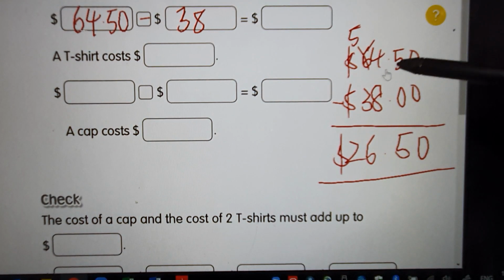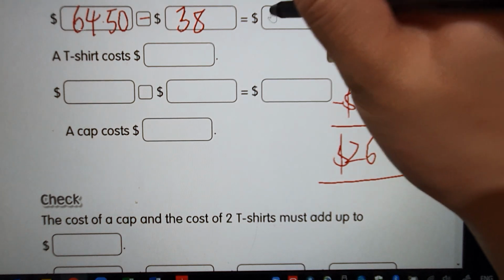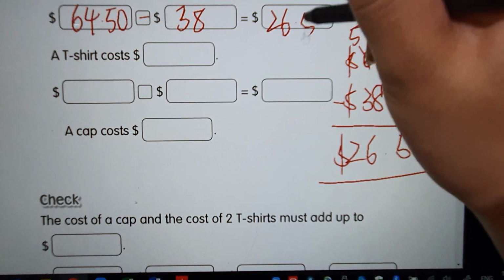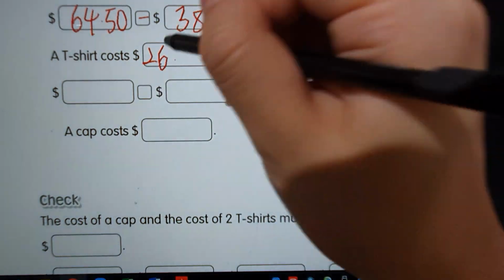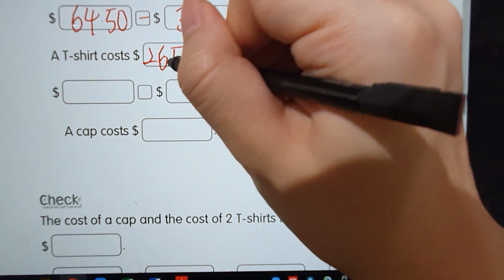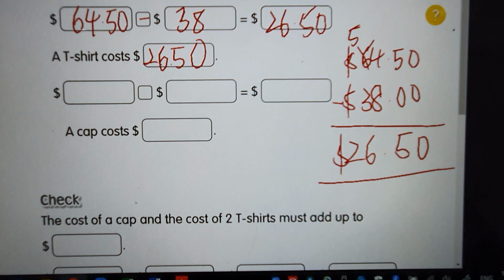Okay, so $64.50 minus $38 is $26.50. Okay, so you found out that the price of one shirt is $26.50. Okay, remember your dot. If not, it will become $2,650. Okay, so remember your dot here.